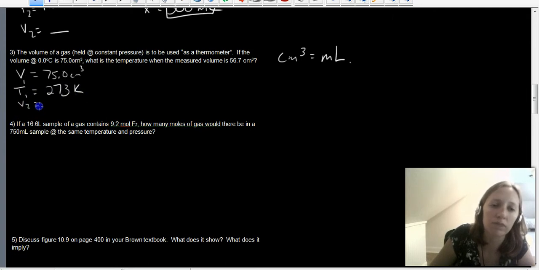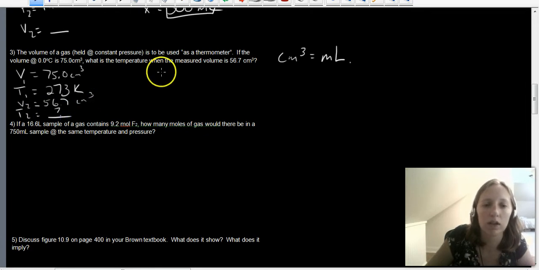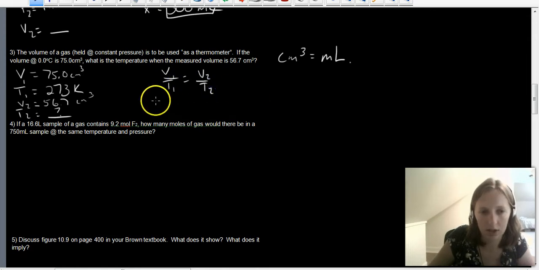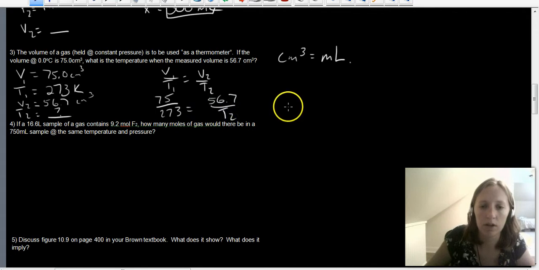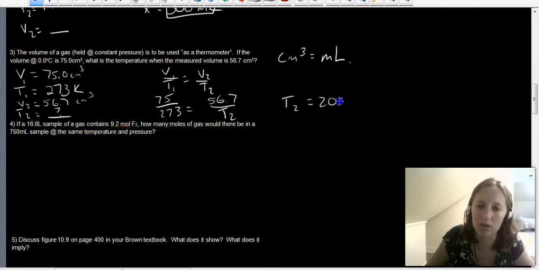Volume 2 is 56.7 centimeters cubed, and T2 we don't know. So that's V1 over T1 equals V2 over T2, which is 75 over 273 equals 56.7 over T2. And solve for T2, which gives you 206 Kelvin.